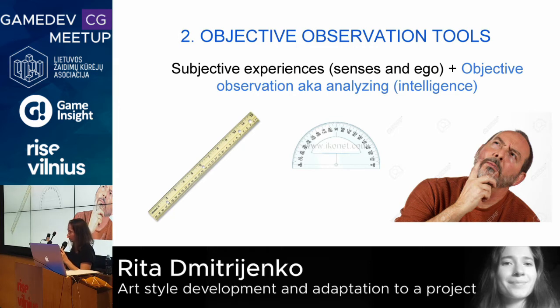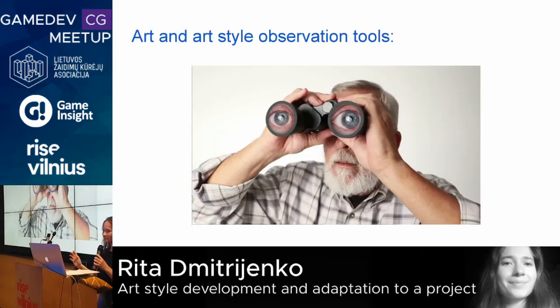So it's no longer subjective, right? It's us trying to understand a thing and evaluate it. I'm going to go through a few art and art style observation tools. I'm sure there are many more, but this talk is too short to go through all of them.